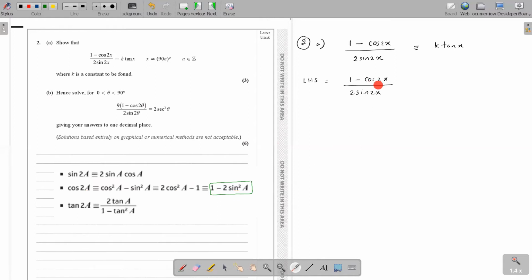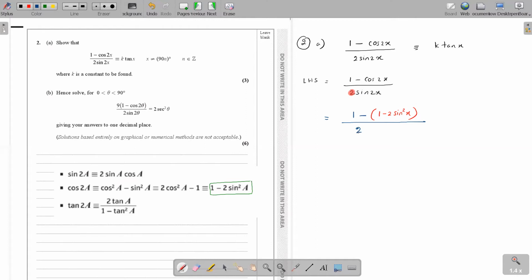So let's substitute that for cos 2x, and for sin 2x, we have 2 sin x cos x. So be careful here: 1 minus, replacing the cos 2x with 1 minus 2 sin squared x, over, and remember there is a 2 here. Many people would confuse this 2 with the other 2 and write a single 2 here.